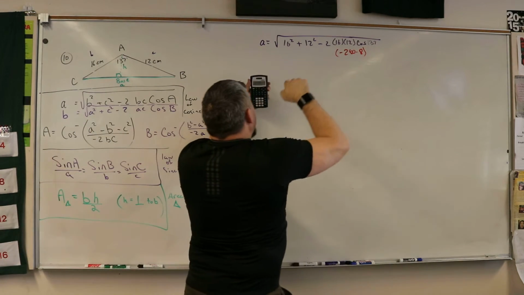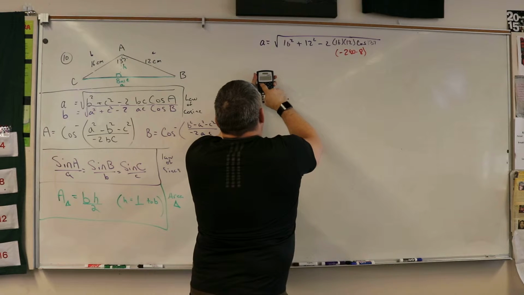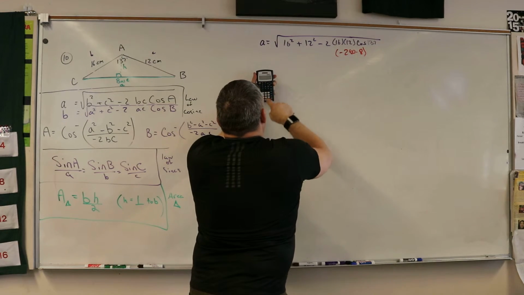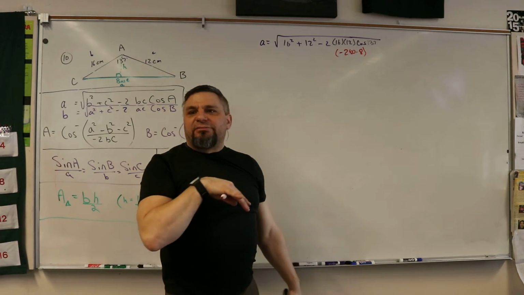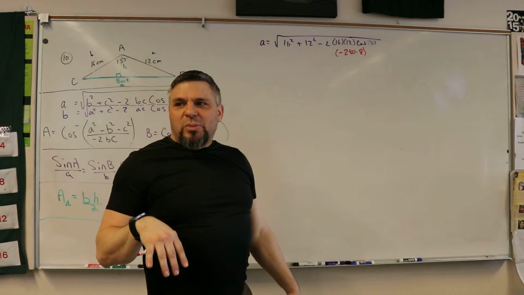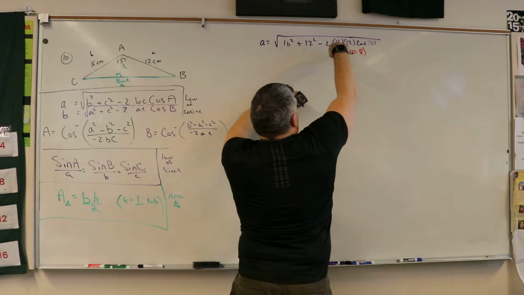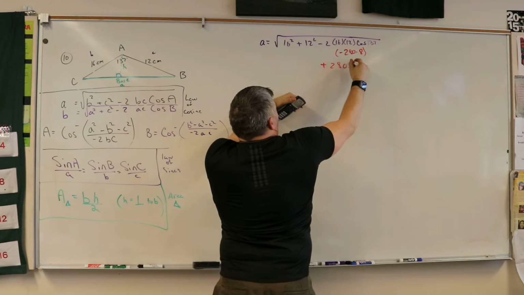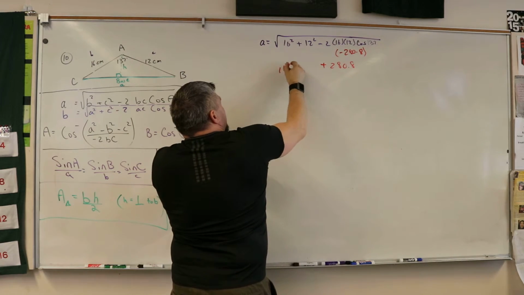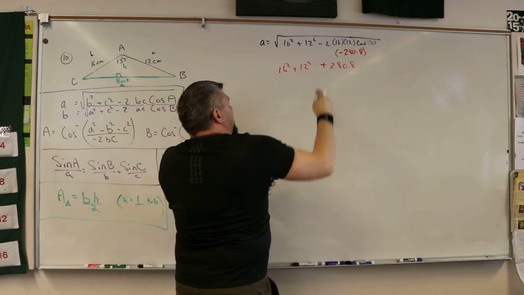Now I'm going to make that negative. So I'm going to go negative, answer, equals. Okay, so now it's positive, because two negatives make a positive. So now I'm going to add 280.8 plus 16 squared plus 12 squared.